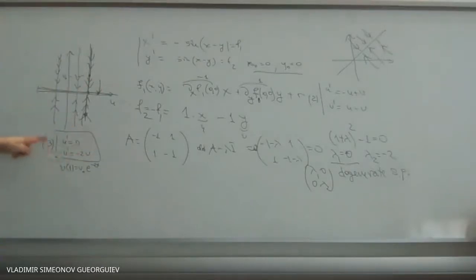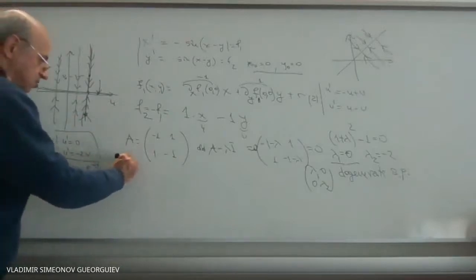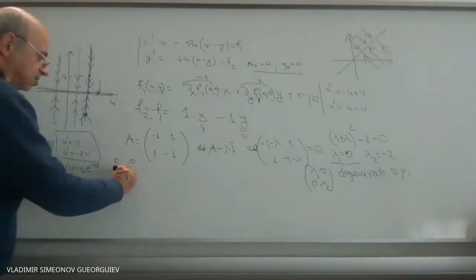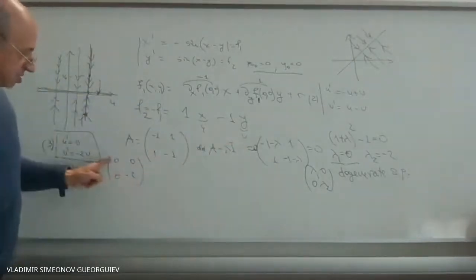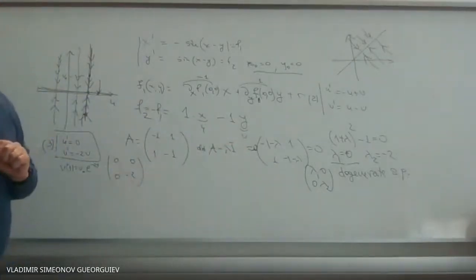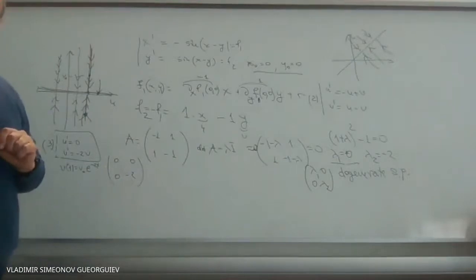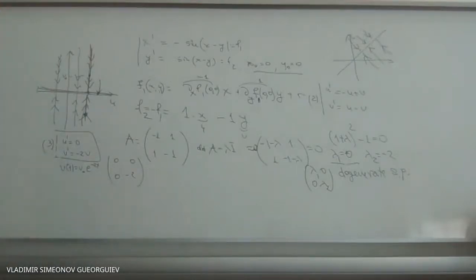Because what is the matrix for this system? The matrix is 0, 0, 0, -2. And this is exactly what I said, lambda 1 equal 0, lambda 2 equal -2. Probably it is still not clear. No, it's okay. Thank you.